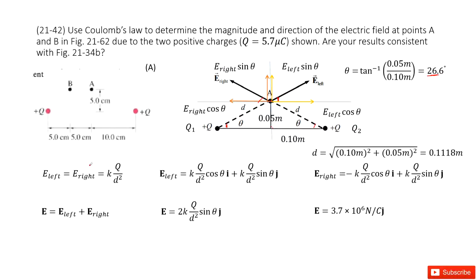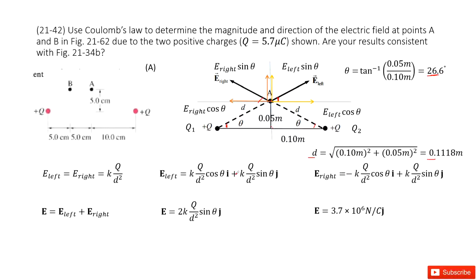Yes. This is just determined by Coulomb's law, right? K times Q divided by the distance squared. The distance from the point charge to A, D, you can find in this triangle. This side squared plus this side squared, so you get the answer there.